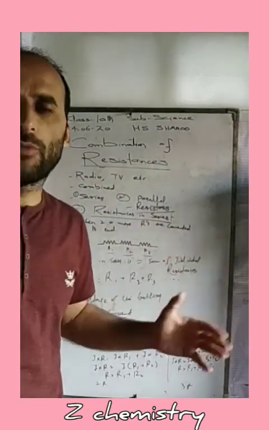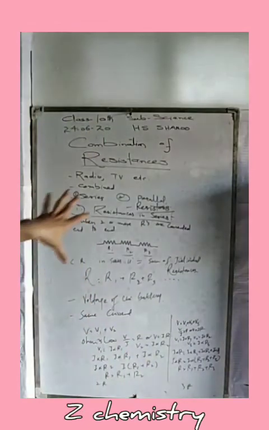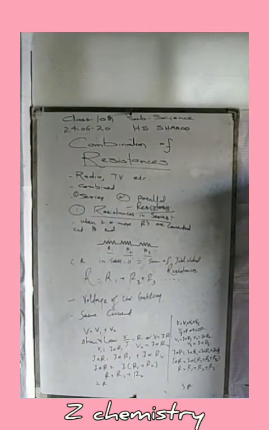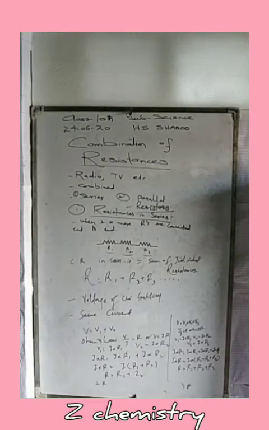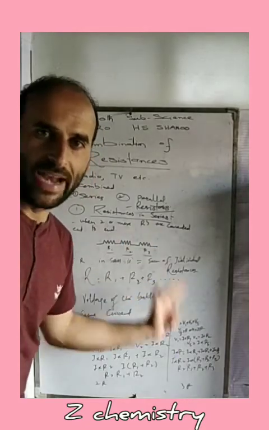There can be any number of resistances in a series combination. During resistors in series, we must keep in mind that when a number of resistances are connected in series, the sum of the potential differences is equal to the voltage of the battery.